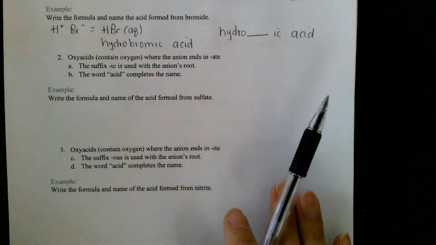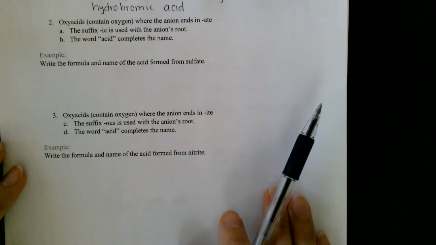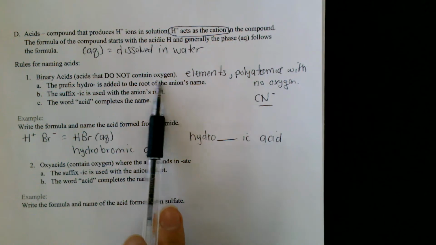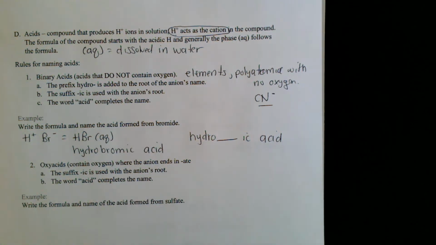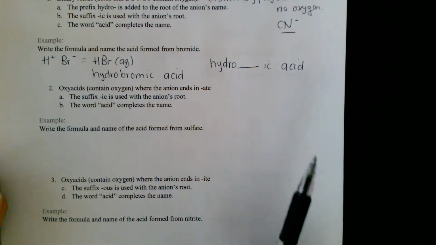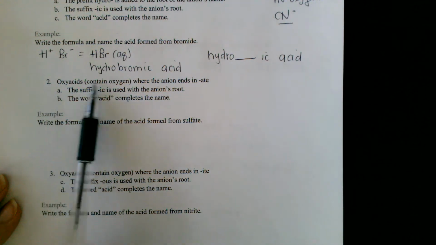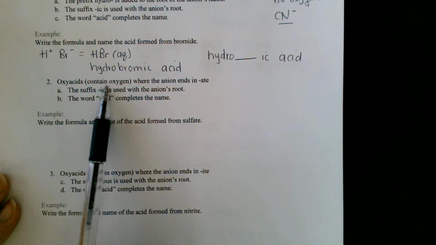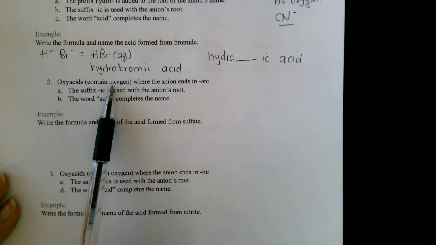Okay, so the next types are going to be, if this one type does not contain oxygen, the other two are going to be polyatomic ions that contain oxygen. Polyatomic ions that contain oxygen are called oxyanions.